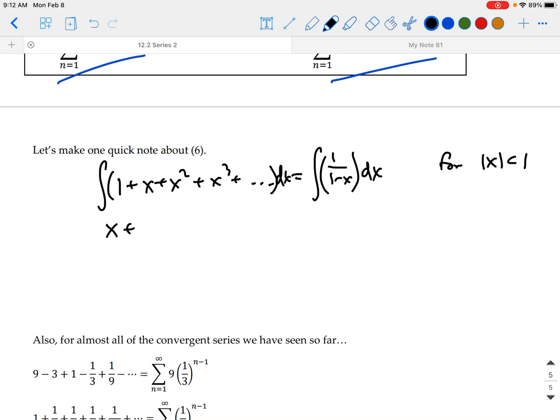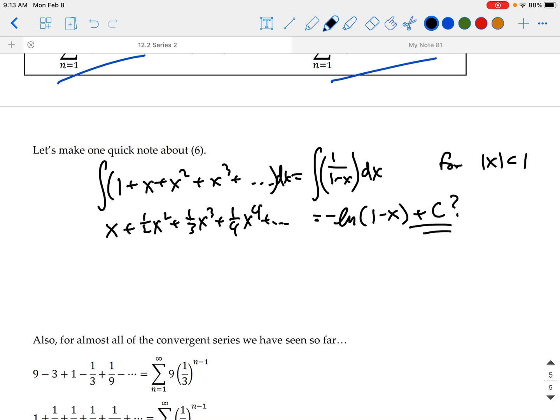Which means that we'll get x plus 1/2 x squared plus 1/3 x cubed plus 1/4 x to the 4th is equal to, well, what's the integral of 1 over 1 minus x? Well, that's going to be the natural log of 1 minus x with a negative sign, I guess. Right? And note, maybe there's a plus c here.